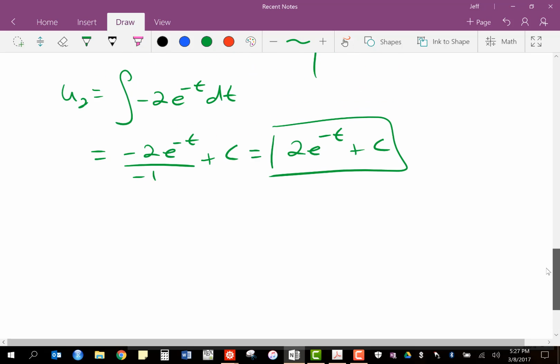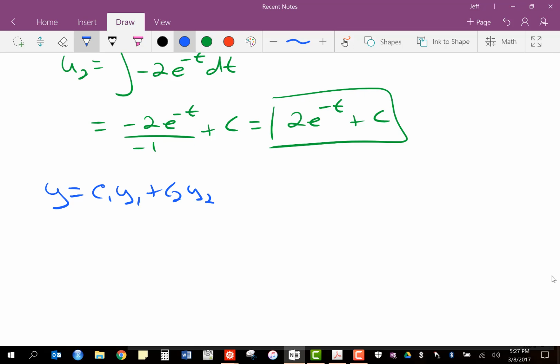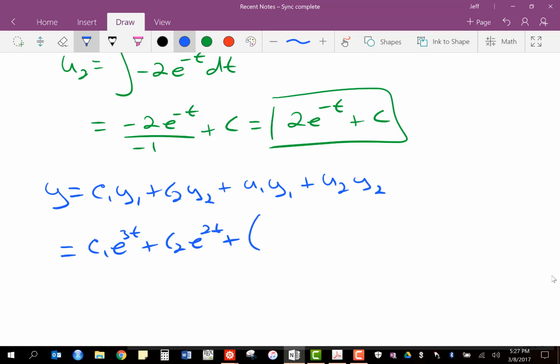Recall that the form of the solution is that y is equal to c1y1 plus c2y2, the complementary solutions, plus u1 times y1 plus u2 times y2. So for us, I get c1 e to the 3t plus c2 e to the 2t plus u1.